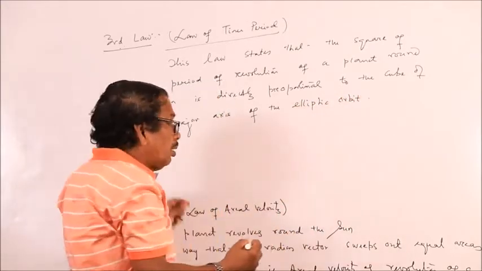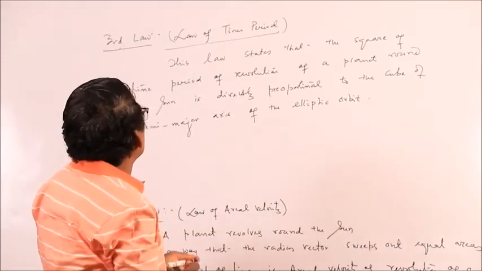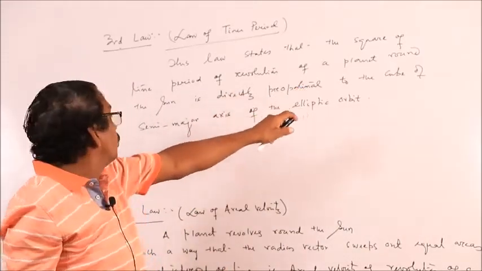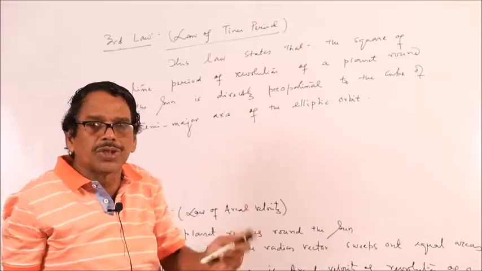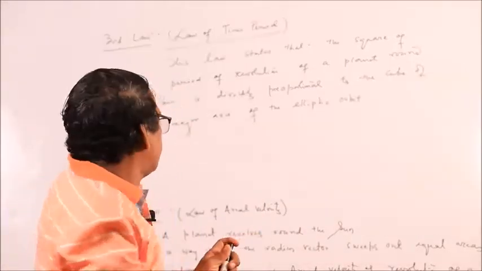So, this is the third law. This law states that the square of time period of revolution of a planet around the sun is directly proportional to the cube of semi-major axis of the elliptic orbit.